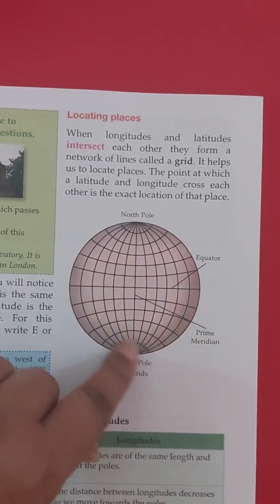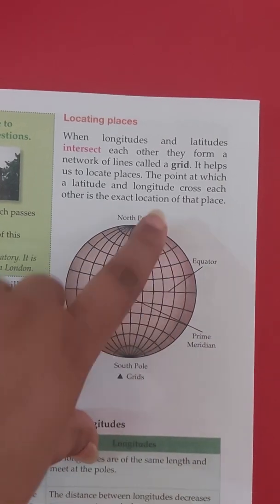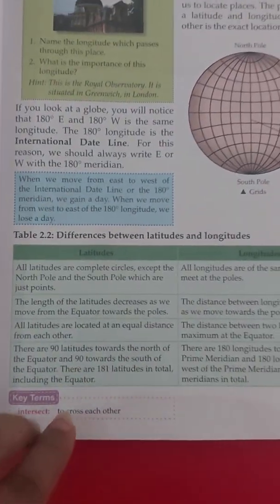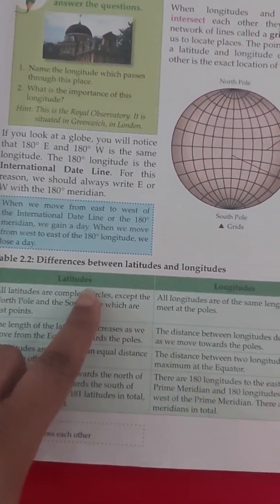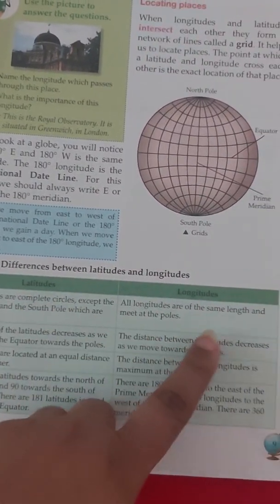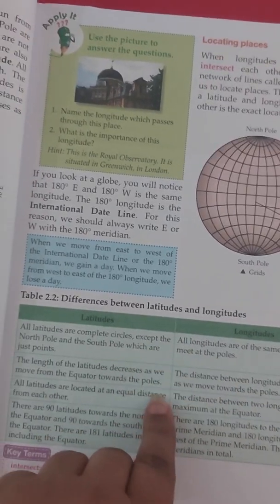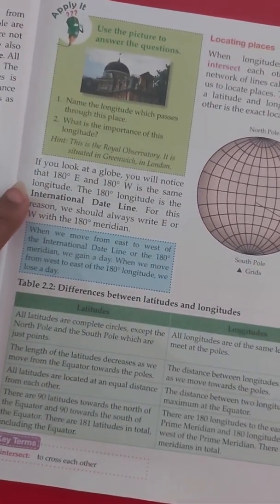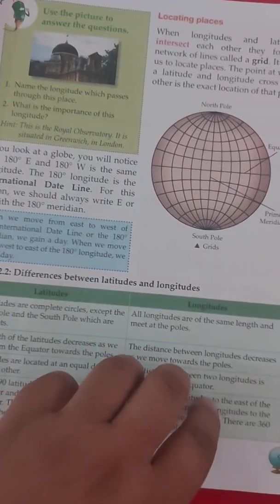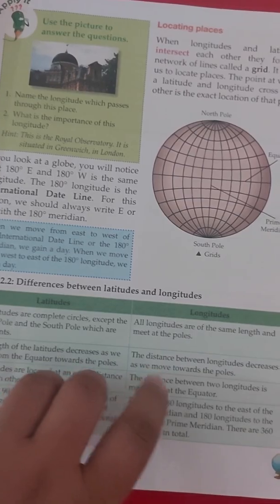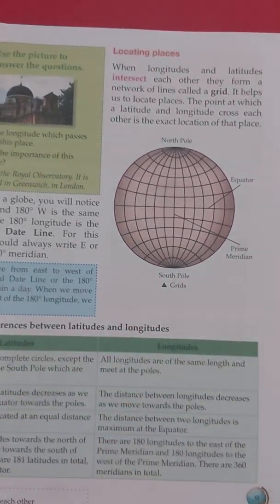And all of these lines, when they are cutting each other, are called the grid. After that, in the last, they have given you the difference between latitudes and longitudes. There are 4 differences given. As you read the chapter, you will find these lines giving you the differences between longitude and latitudes.